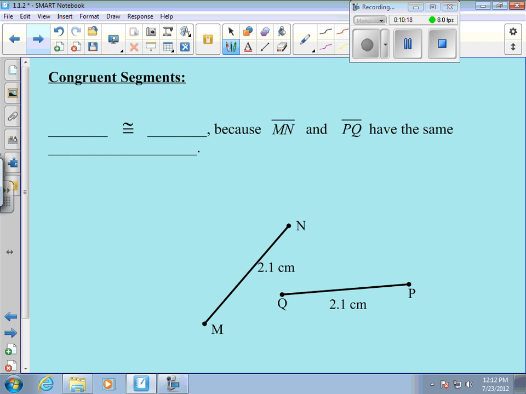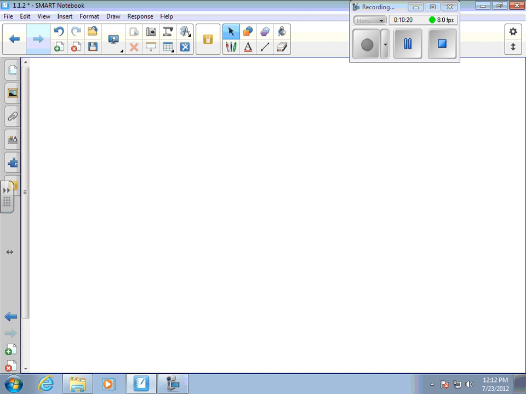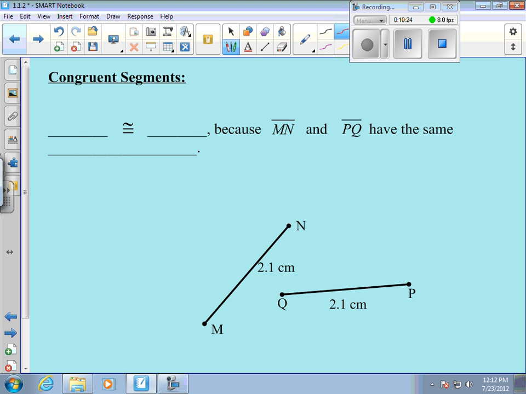We have one more thing we're going to look at in this section of notes, and we're going to just talk and touch base on congruent segments. Okay? Congruent segments. So if we look here, we have two segments. We have segment MN and QP.